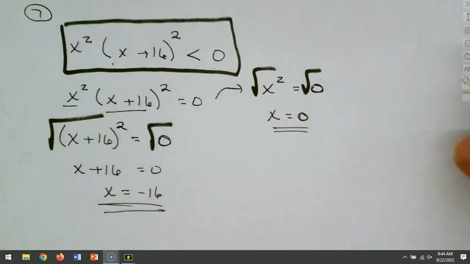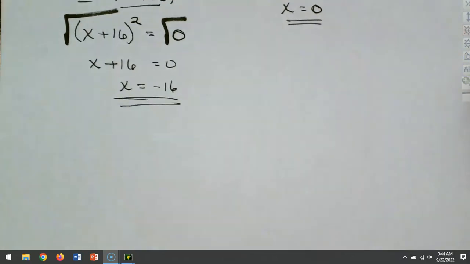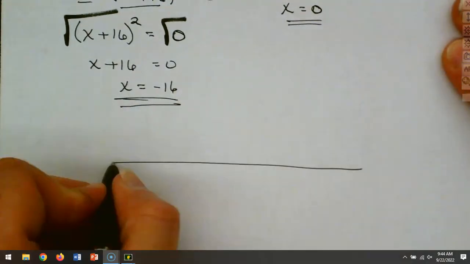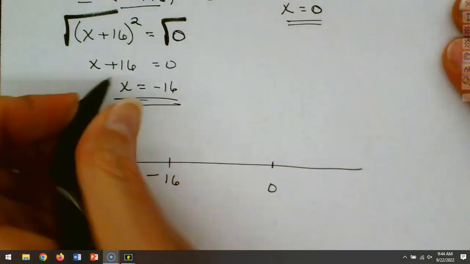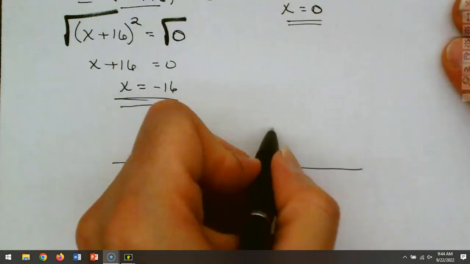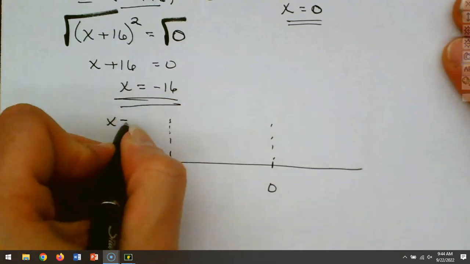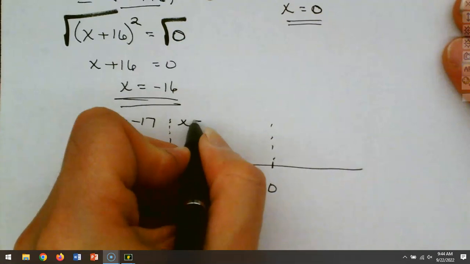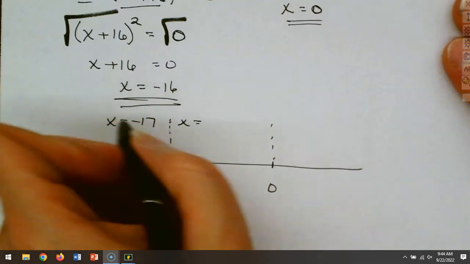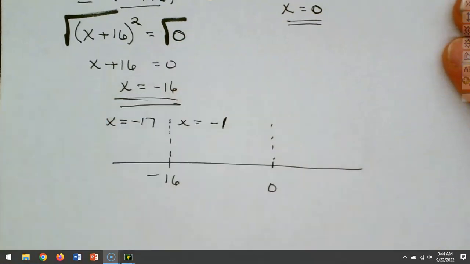Let's put these on our number line, and let's see what we're dealing with. Minus 16 and 0, and so we'll make our regions. Number smaller than minus 16, how about minus 17? Number in between here, how about negative 1? Doesn't matter what we use.